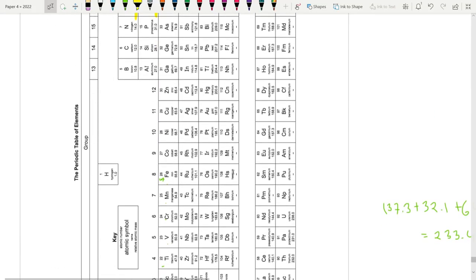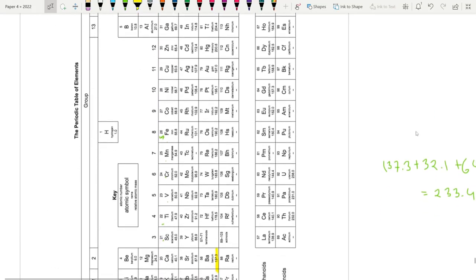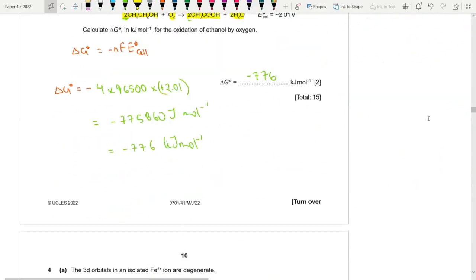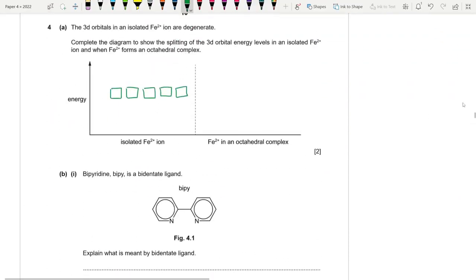Yeah, iron is 26. That's 1, 2, 3, 4, 5, 6. Okay, so 3d6 it is. So how do we do that? 1, 2, 3, 4, 5, 6.